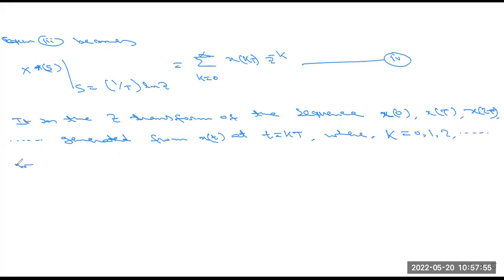So we may write x asterisk of s, with s equal to 1 by t log z, is equal to x of z. We have to express this in our Z transform, these are the different functions x of t at t equal to kt, whereas k takes values from 0 to infinity.